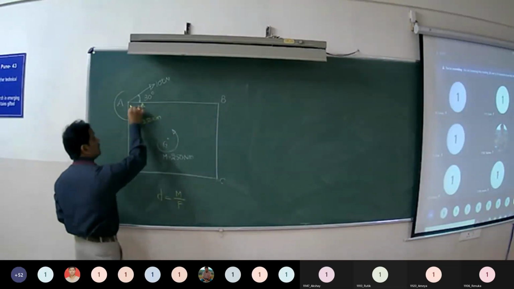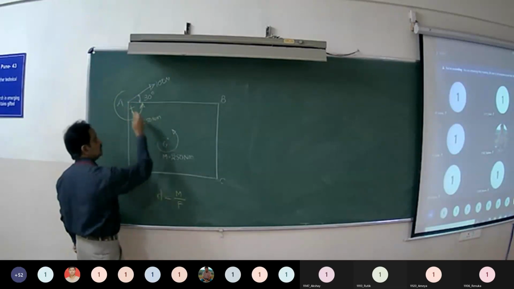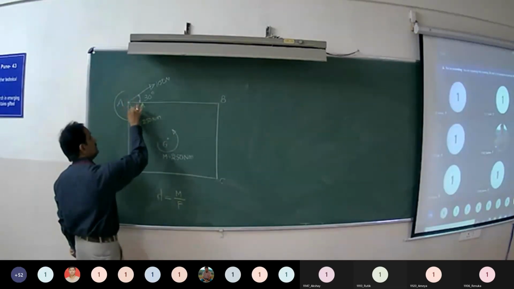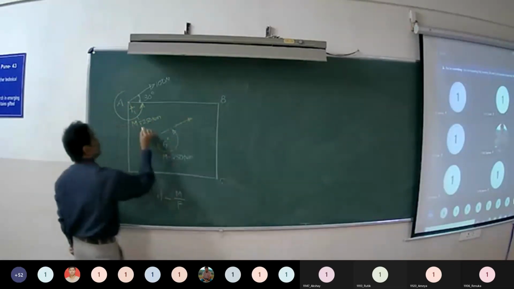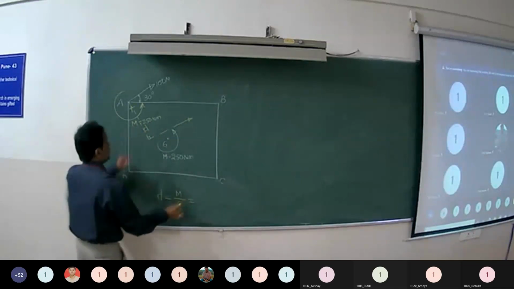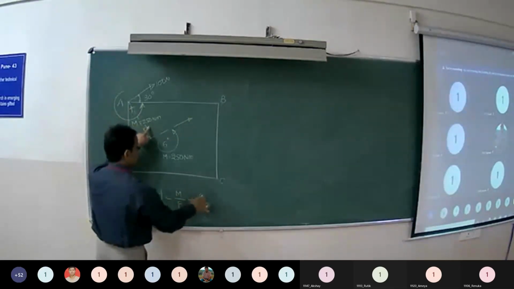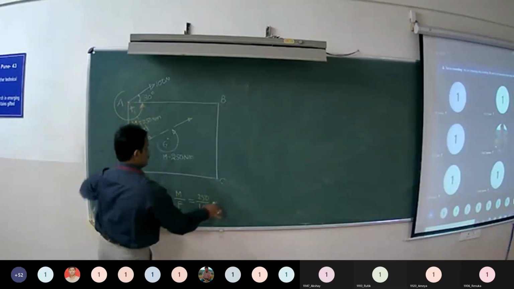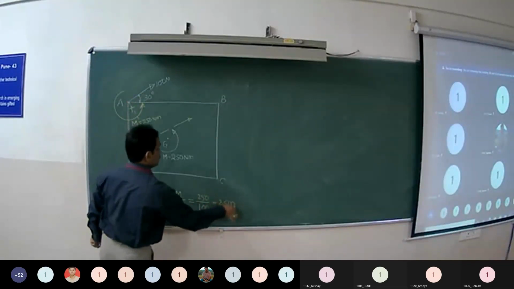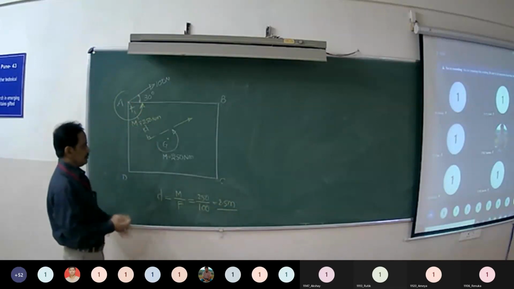So now when you add these two, the resultant of these two will be a force which will be transferred parallelly through a distance d given by M is 250 upon force is 100. So it is 2.5 meters.